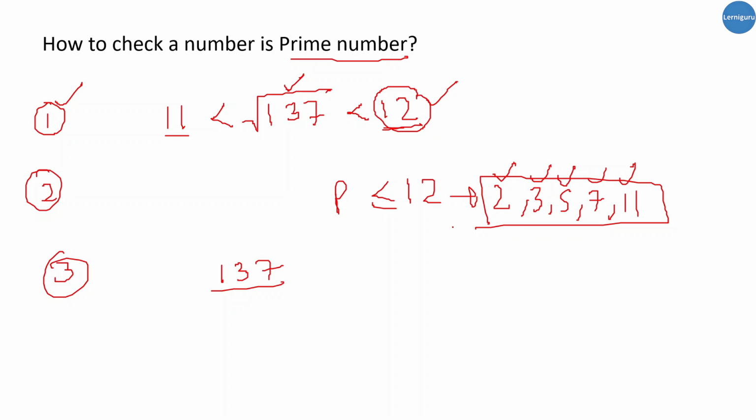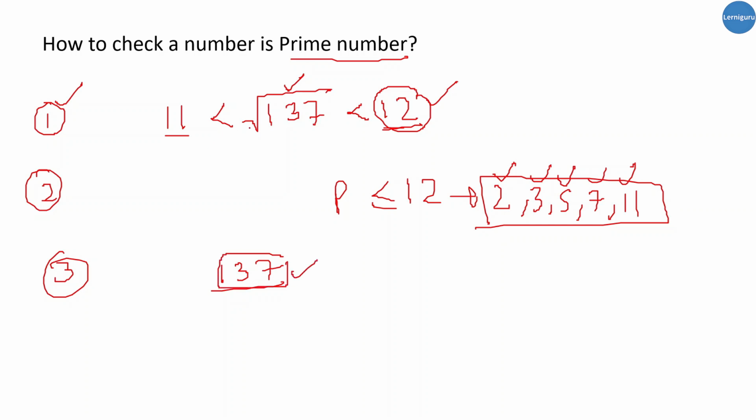So this is not divisible by 2. This is not divisible by 3 also. We'll also see how to check the divisibility rules in further sessions. But right now, whatever method you can use, just use it. 7, it is not. 11, it is not. So that's why this is a prime number.